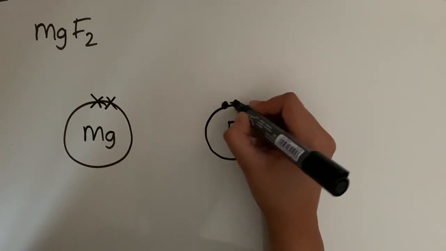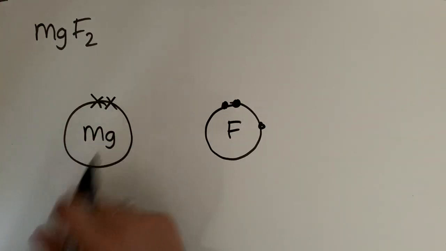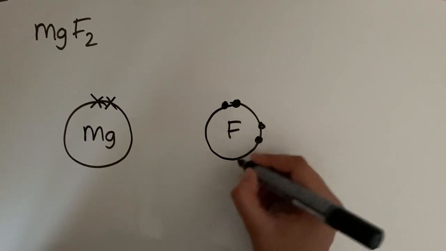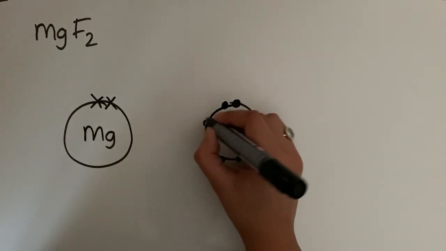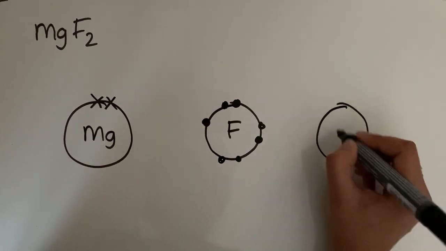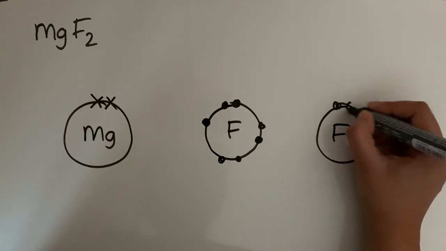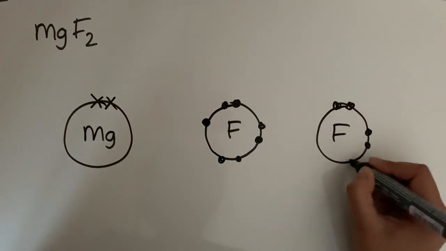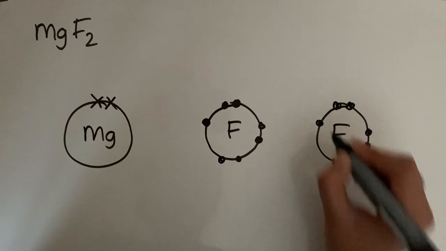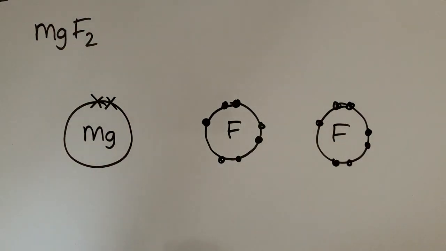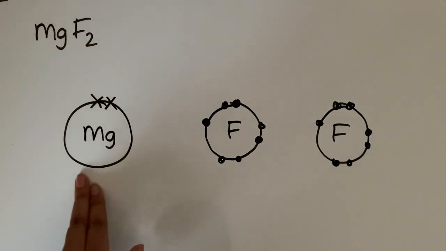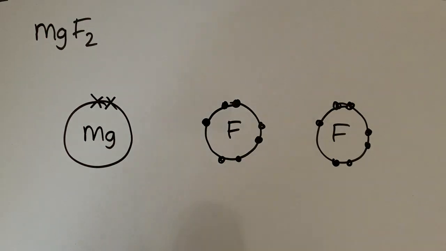I'm going to use dots for this one. It doesn't actually matter. I could have used dots for the magnesium and crosses for the fluorine, as long as you are consistent. So we have 2 fluorines. At the moment I just have my atoms in place: 2 outer electrons there, 7 there, and 7 there.